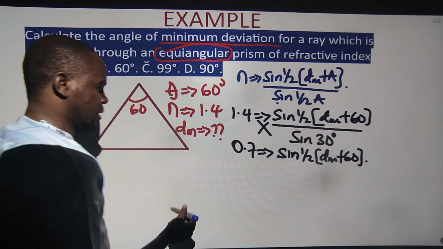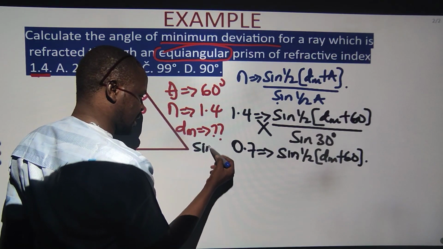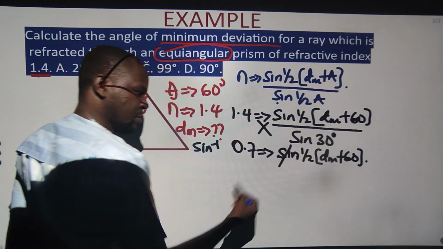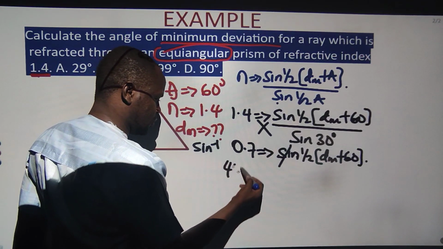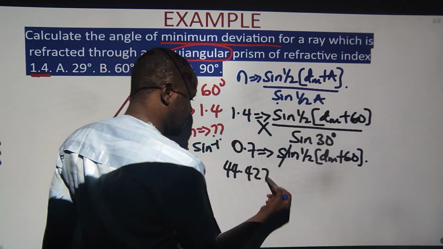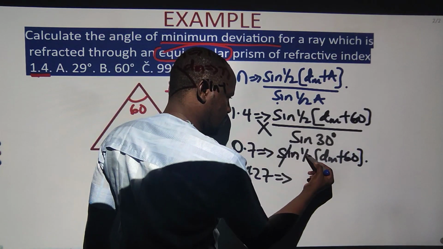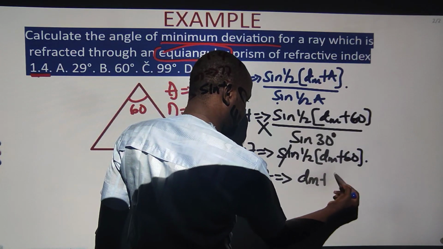I'm taking sine inverse of both sides. Please note that. Sine inverse of sine, we cancel sine. So sine inverse of 0.7 is 44.427, equals one over two times (Dm plus 60).